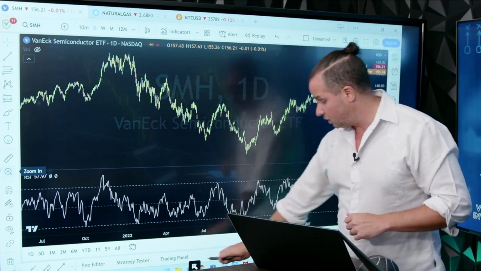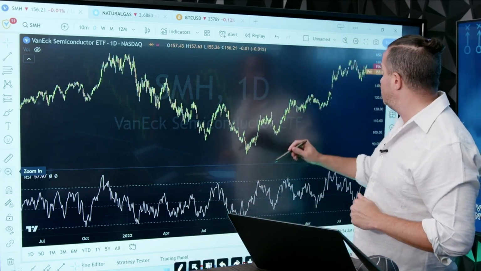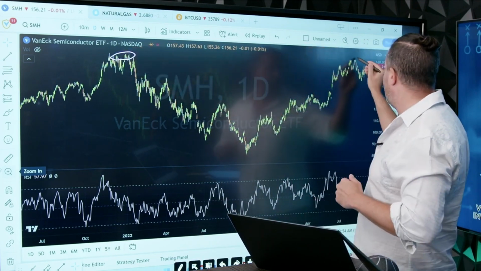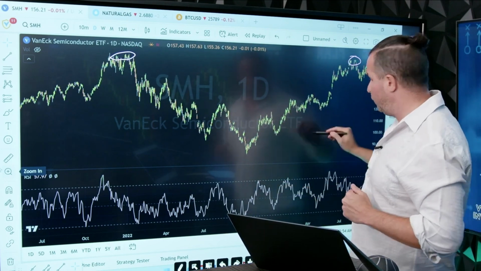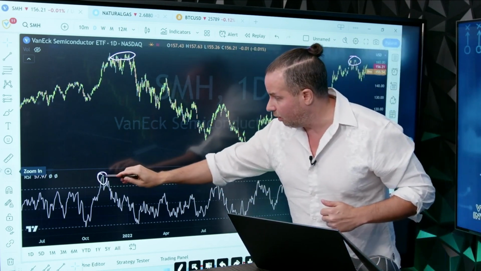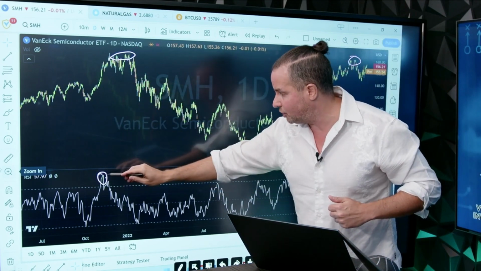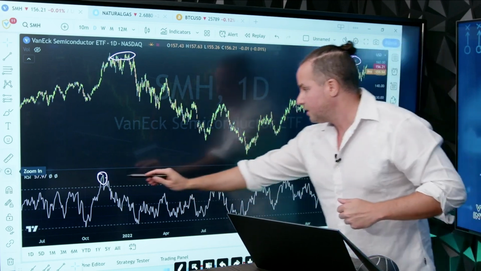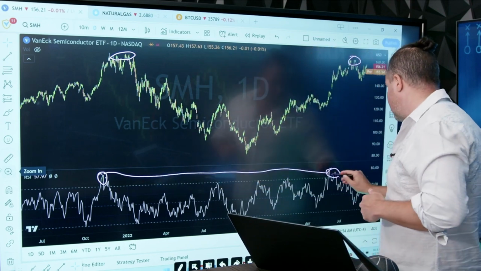What is a divergence? Let's take a look. A divergence is where you have a high here and you make a higher high here, but if we look at the RSI here, which matches that high, and then we look at the RSI over here, there is a down-sloping trend line there.